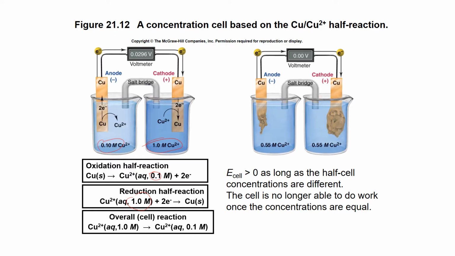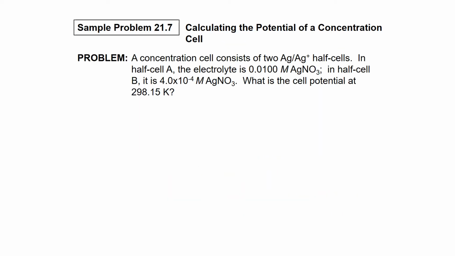But in this case where the concentrations are the same, we don't expect anything to happen, and that's why you are seeing 0.00 V, because no work will be done. There is no potential difference between the two because of similar concentration. So the cell is no longer able to do work once the concentrations are equal.